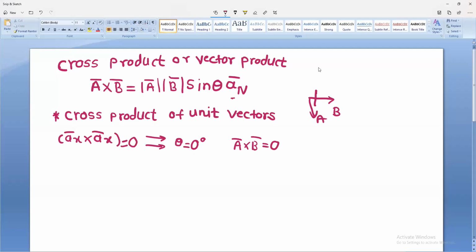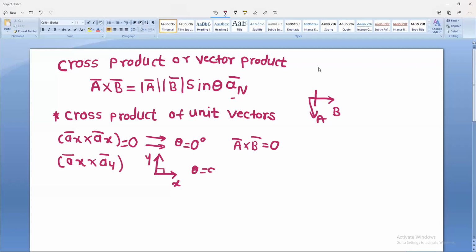Okay, now we'll see the cross product of different unit vectors, means A bar x cross A bar y. Okay, now if we are considering x and y, then there is 90-degree angle between x and y, right? In Cartesian coordinate system also. If the angle is 90 degree, what is sine 90? Sine 90 is equal to 1. Okay.